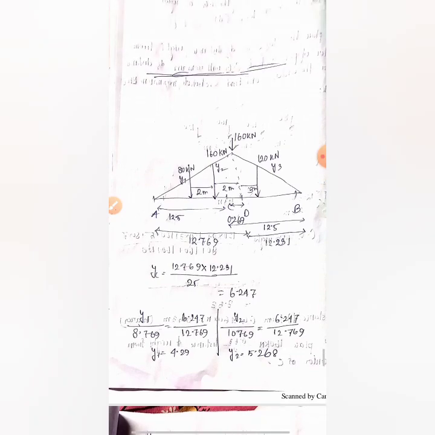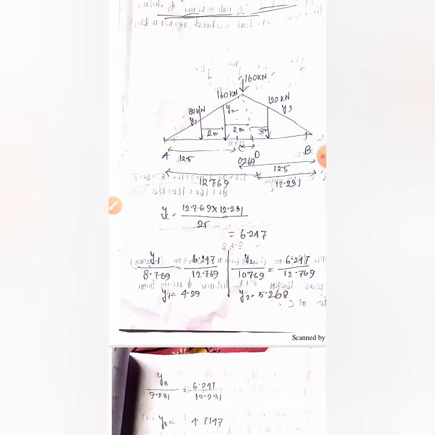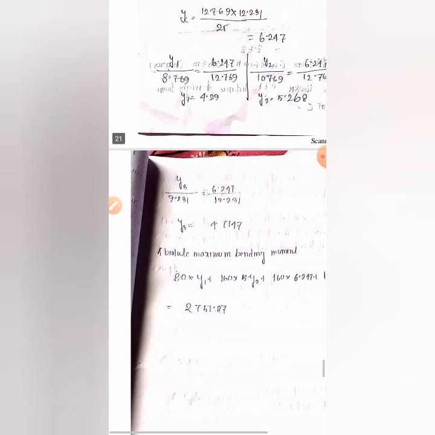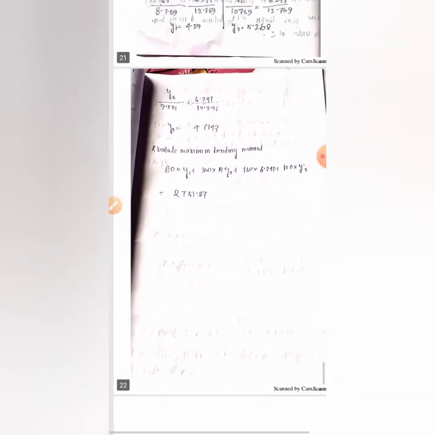So here we have found the value of YC. With the help of the value of YC, using the similar triangle property, we can find all the ordinates like y1, y2, y3, and then we will get the absolute maximum bending moment by multiplying the loads with the ordinates. So in that manner we will solve this type of question.